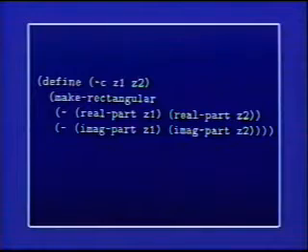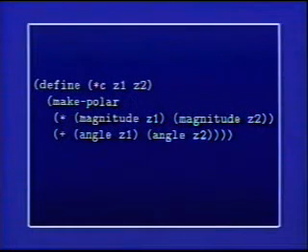To multiply two complex numbers, I'll use the other formula. I'll make a complex number out of a magnitude and angle. The magnitude is going to be the product of the magnitudes of the two complex numbers I'm multiplying. And the angle is going to be the sum of the angles of the two complex numbers I'm multiplying. So there's multiplication, and then division.